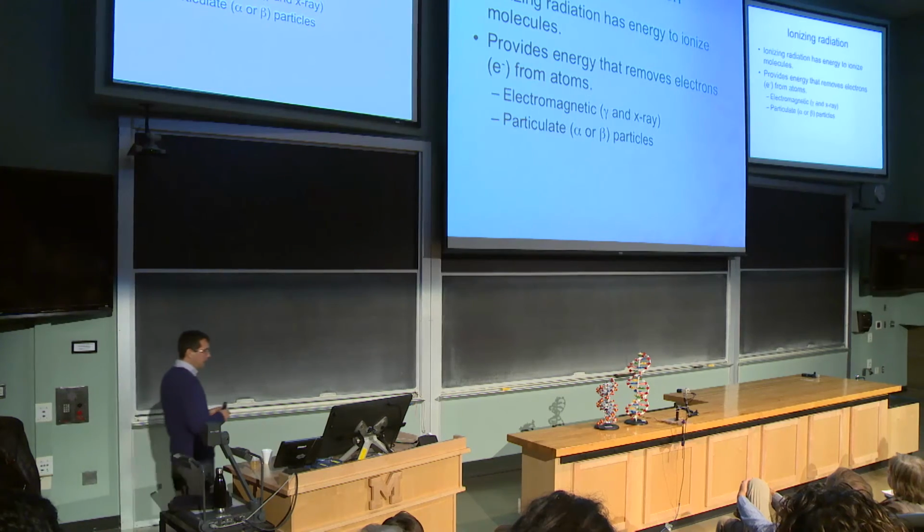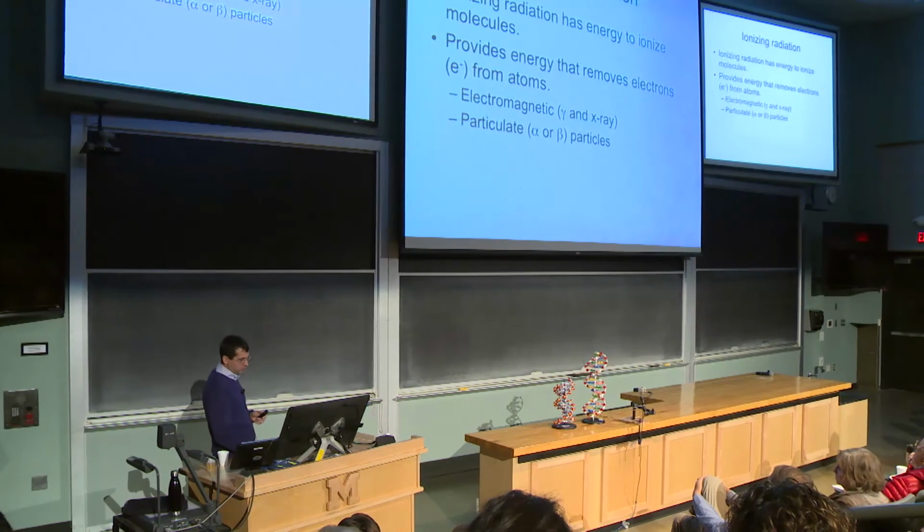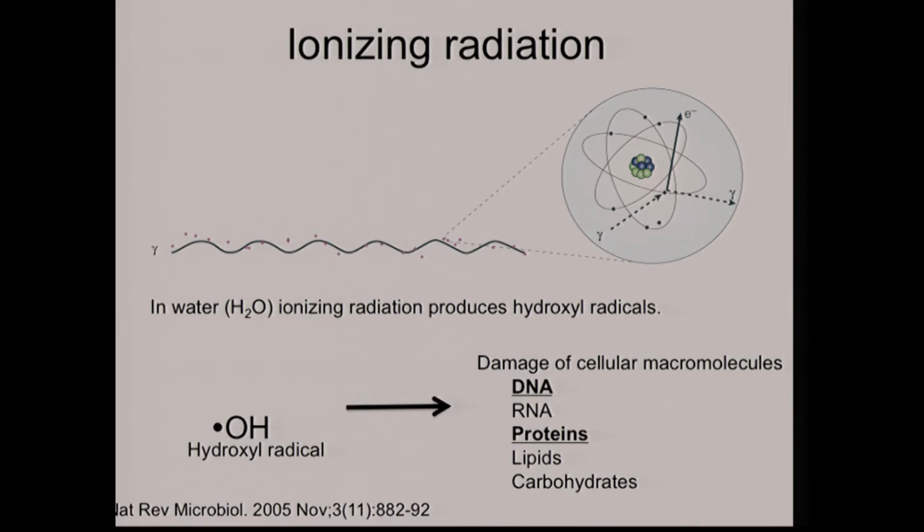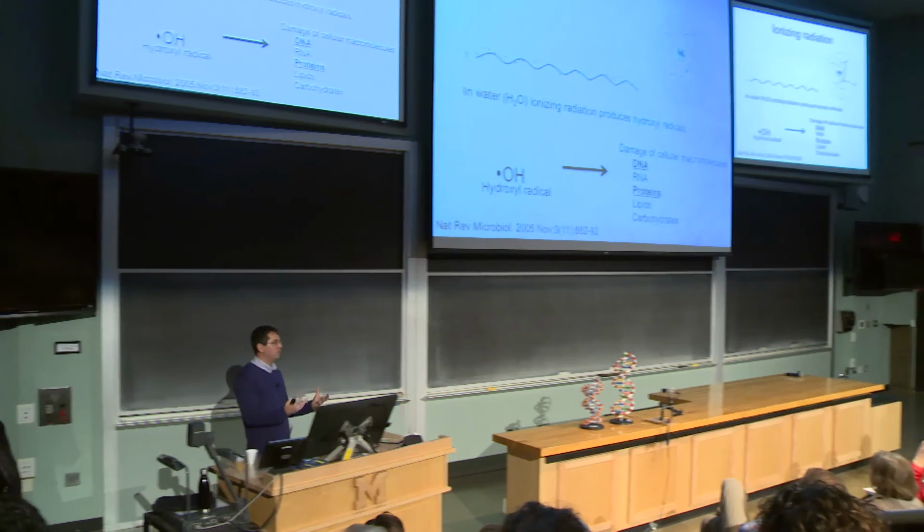What happens with ionizing radiation, in a simple representation, is you have a gamma photon, and if it interacts with an atom, it can cause an electron to be removed. There's enough energy to do that. When that electron is removed, if we're inside of a cell, we are in an aqueous environment, a water environment.